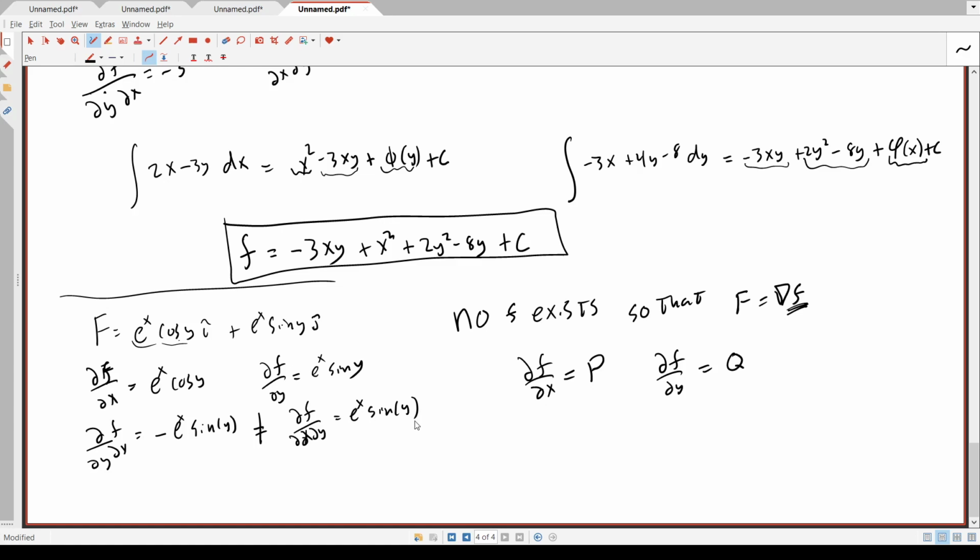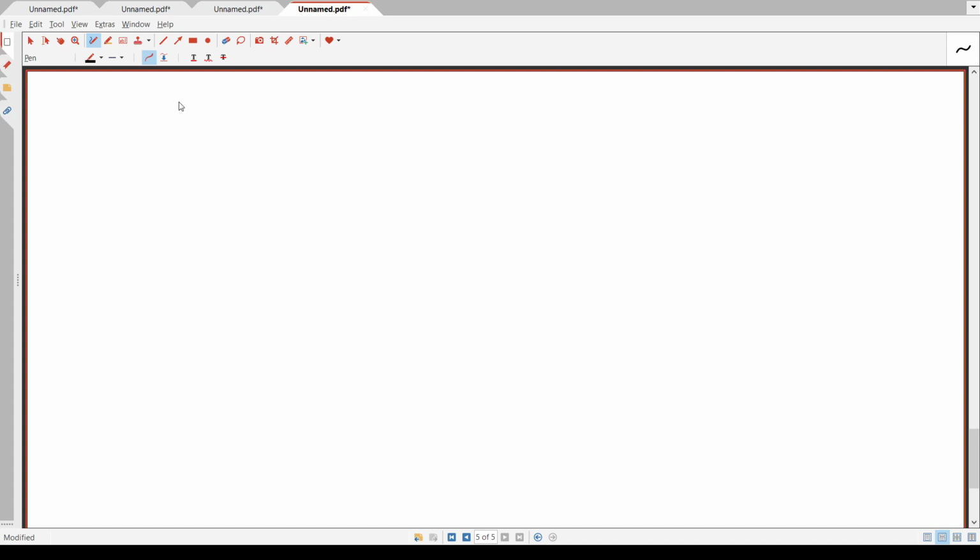Okay, so let's look at this interesting example. Let's look at a very typical example. Newton's second law, right?